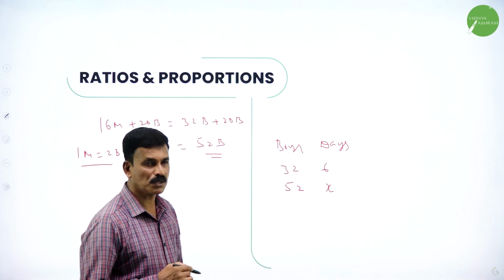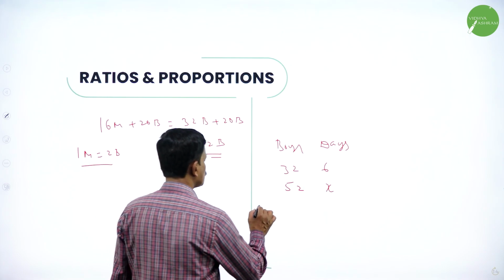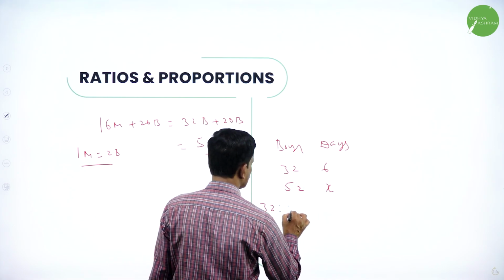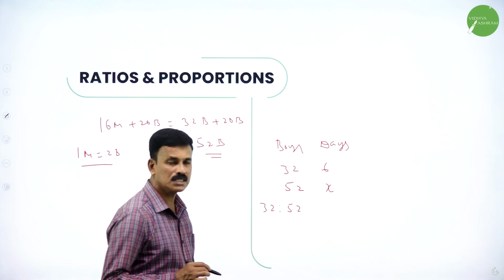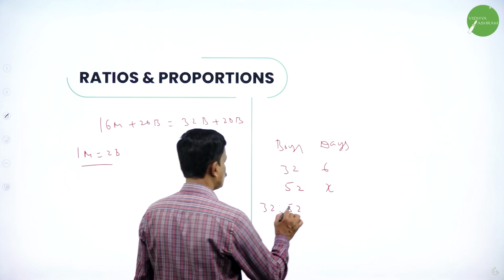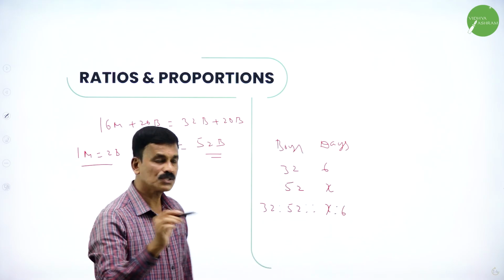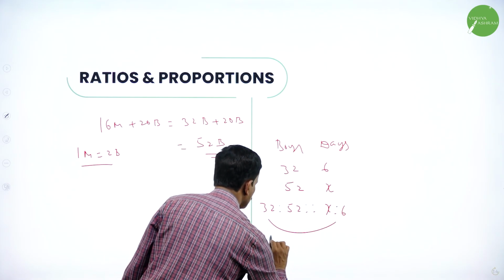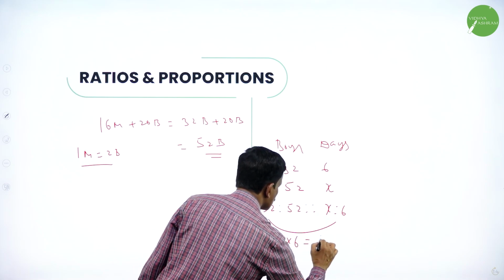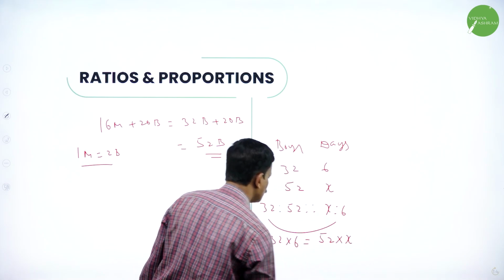So this is inversely proportional. We can write 32 is to 52 is equal to x is to 6, inversely. So this can be written as 32 into 6 is equal to 52 into x.